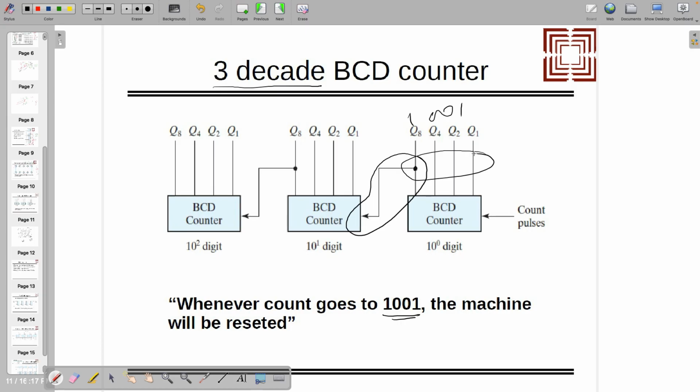In the book it has been taken only from one place, however it's actually taken from all four places, and whenever it reaches 1001, the next increment will happen in this particular counter. So that is what this BCD counter does, right? And that is how the BCD 3 decade counter works, maybe you can make more also.